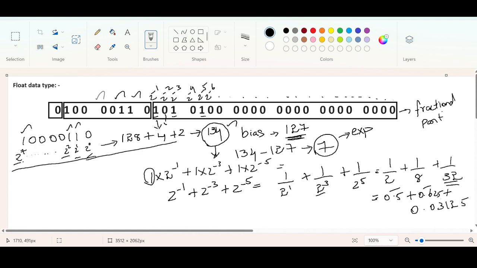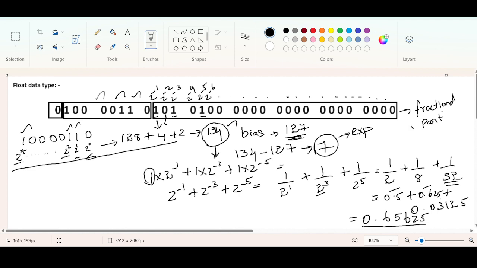You add these numbers and you get 0.6875.